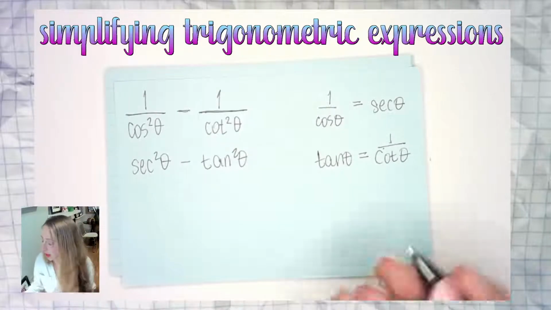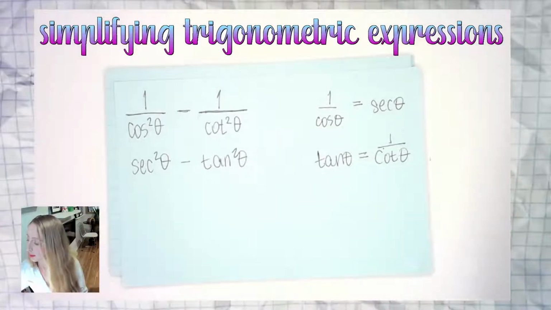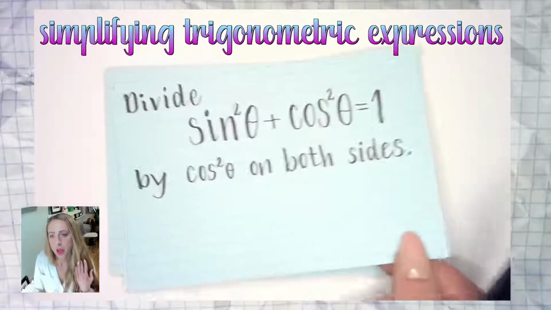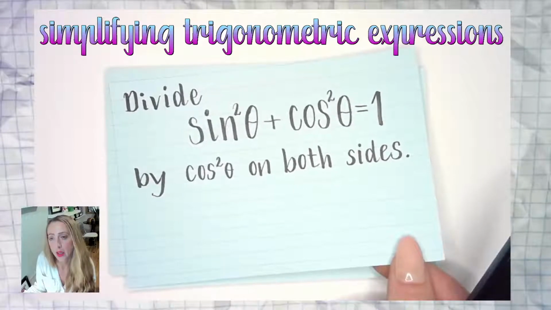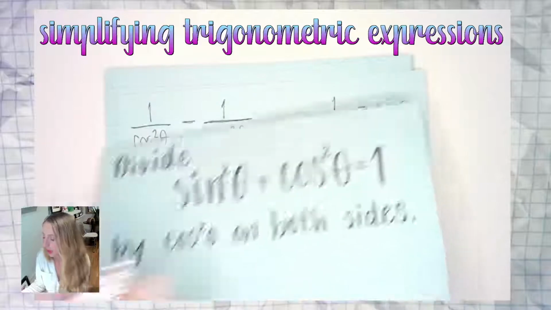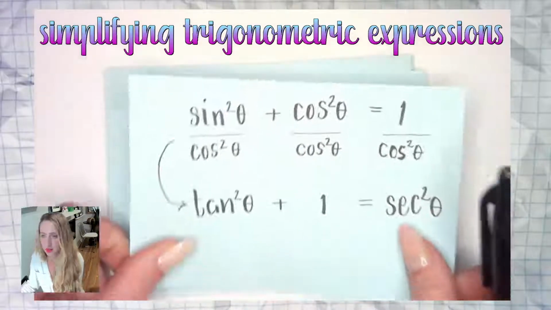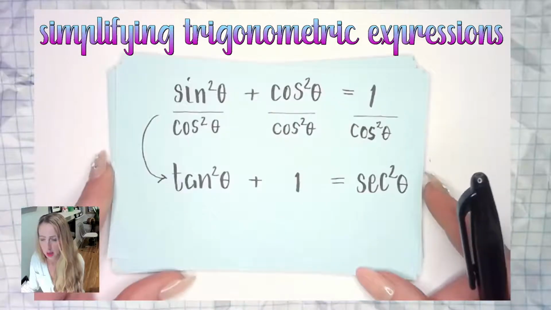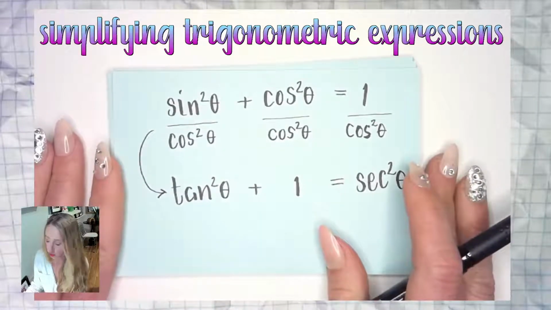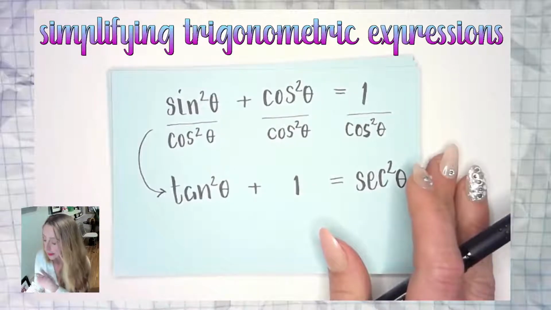All right. Now, do you know your Pythagorean identities? Well, I hope so, because I hope your teacher has been pressuring you to memorize them. So here, my flashcard: what if we divide sine squared theta plus cosine squared theta equals 1 on both sides by cosine squared theta? What will happen? This is what we should know and be able to write on top of our paper anytime we have to simplify trig expressions or verify trig identities.